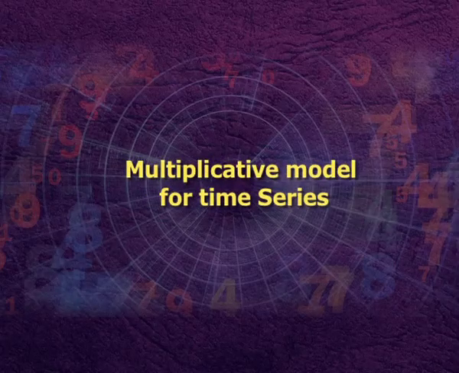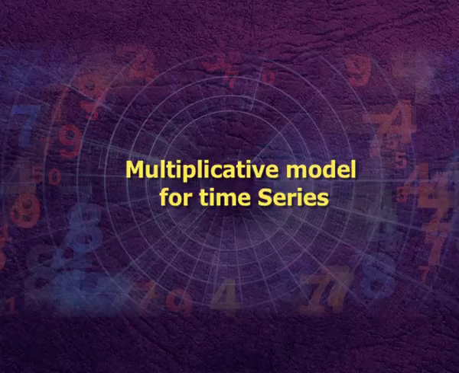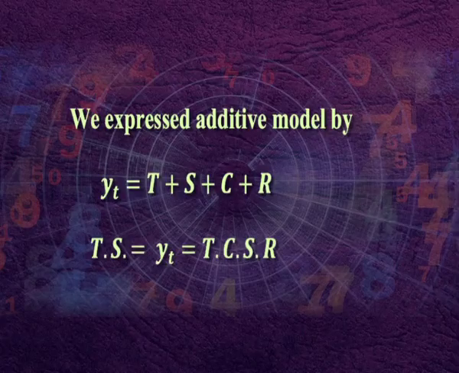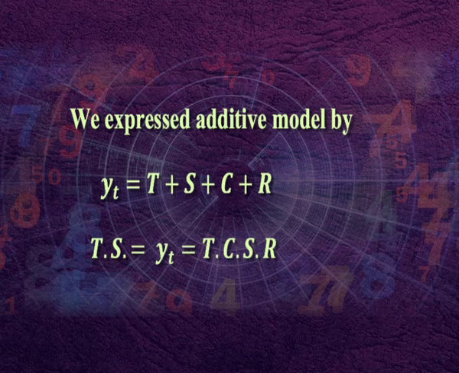Number 4. Multiplicative model for time series. Many times we can observe that not the additive but the multiplicative model for time series is useful. We express the additive model by yt equal to trend plus seasonal variation plus cyclical plus random, that is yt equal to t plus c plus s plus r.